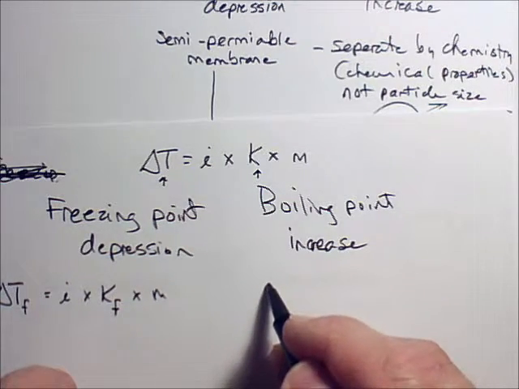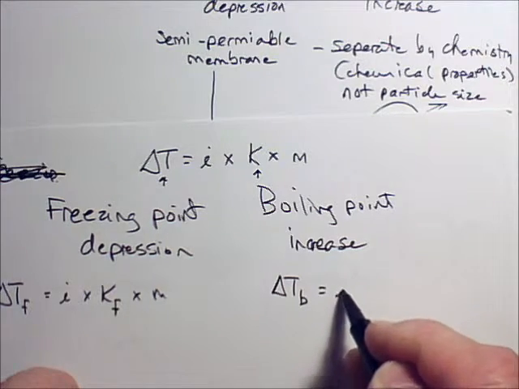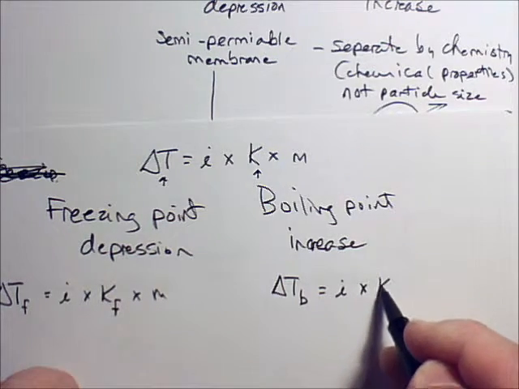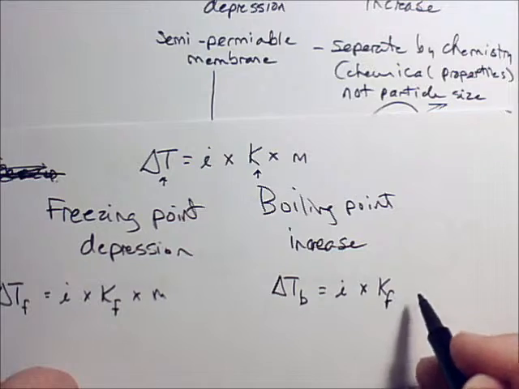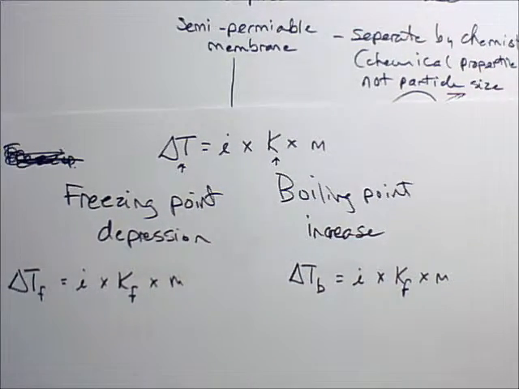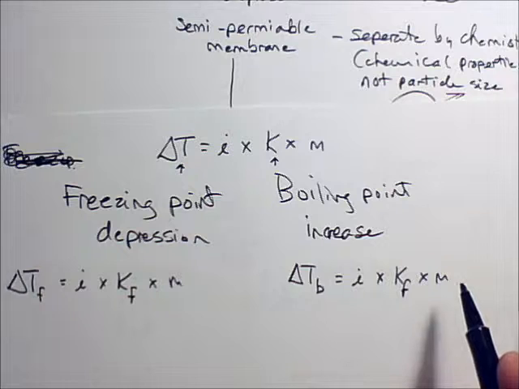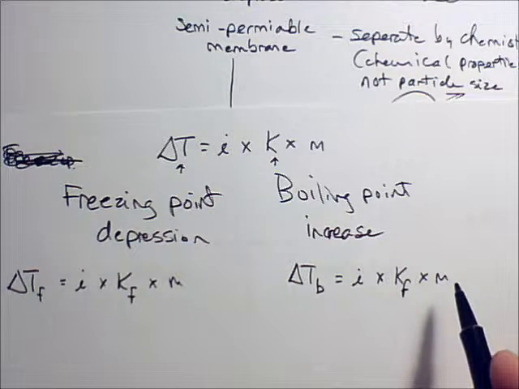And boiling point is delta T sub B equals I times K sub B times molality, or molal concentration. It's molality, M-O-L-A-L. Molal concentration. So it's moles of solute per kilograms of solvent.